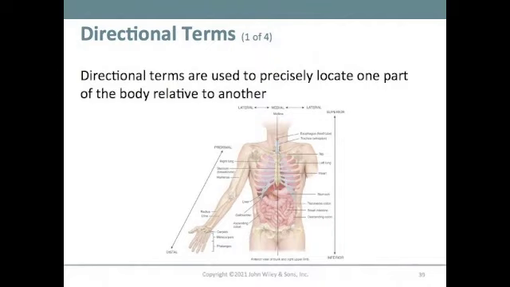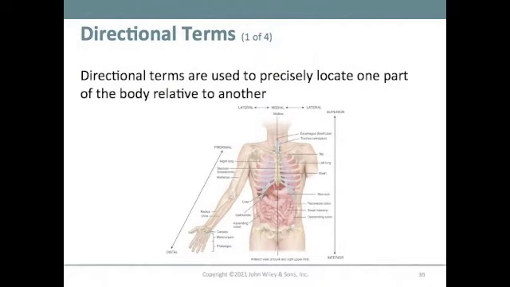So we can see there that we have this midline. If we drew a center line right down the body in anatomical position, we would call that the midline. That position there is medial. Anything to the side of this line is what we call lateral. So if you think about it this way, your ears are lateral to your nose.